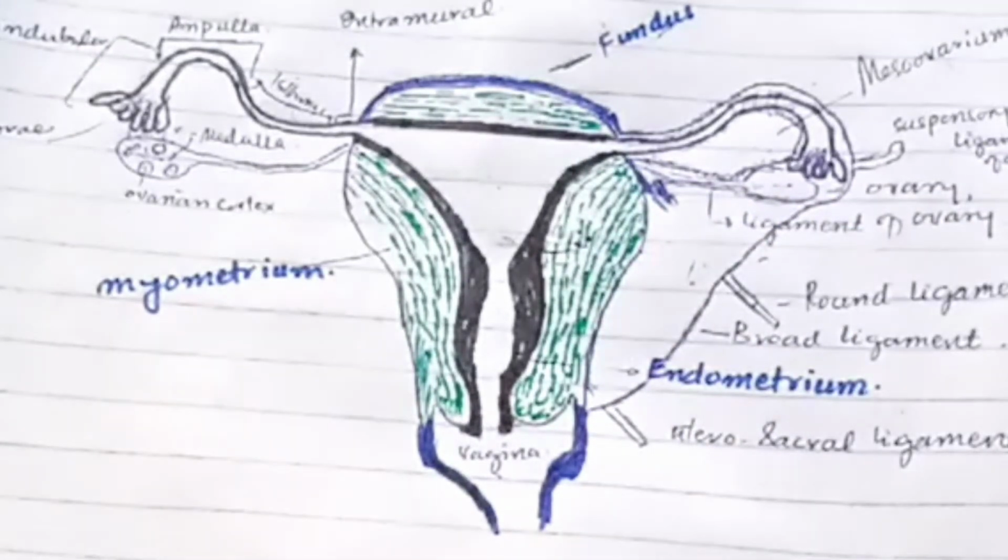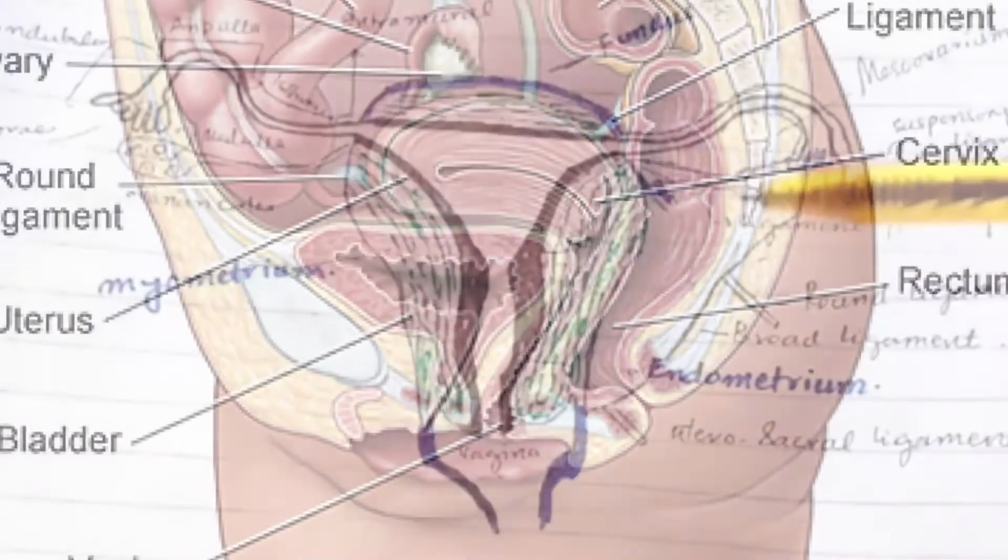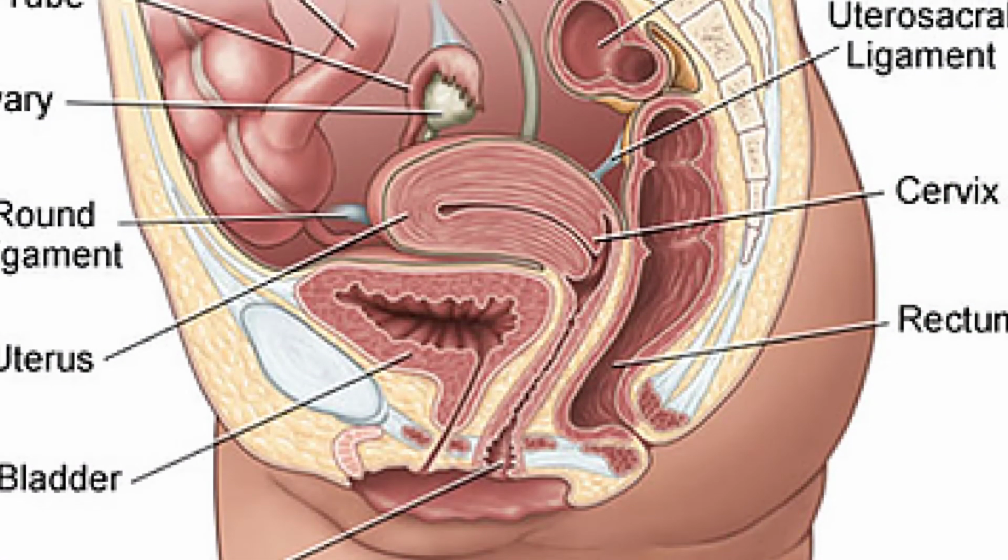Now the visceral relationship, the uterus is present just between the bladder and the rectum. Anteriorly it has bladder, and posteriorly it has rectum.